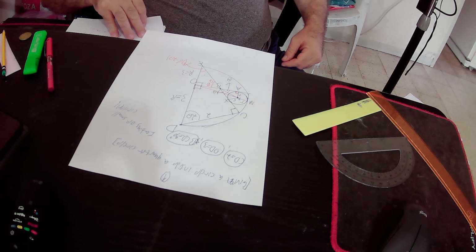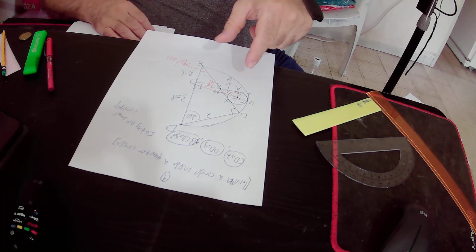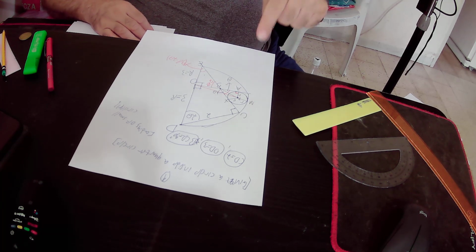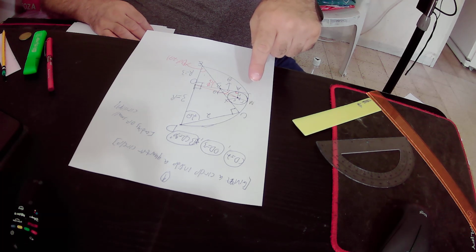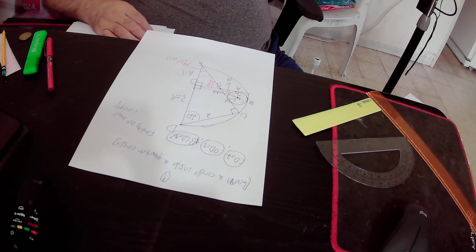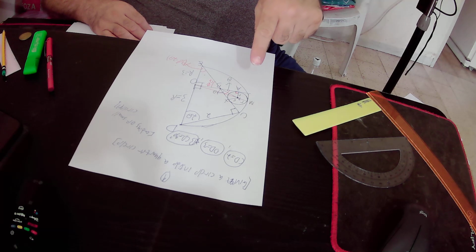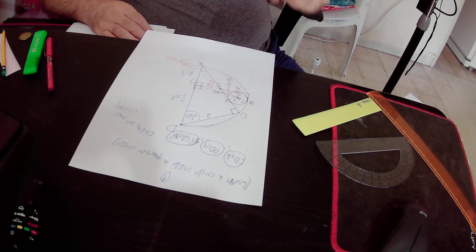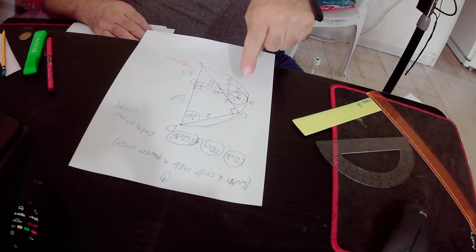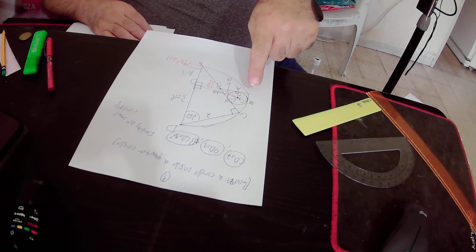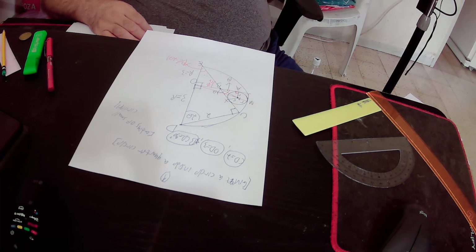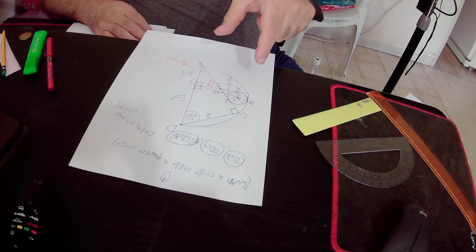And we extended OP until it touches the small circle at point M. Actually, the small circle is tangent to the big circle at point M. So PM is the radius of the small circle, while OM is the radius of the big semicircle.